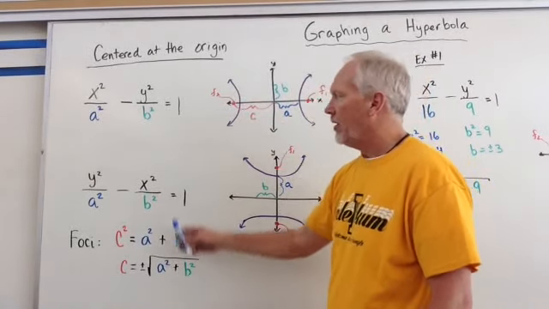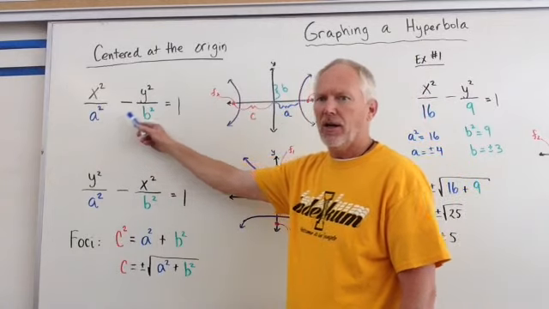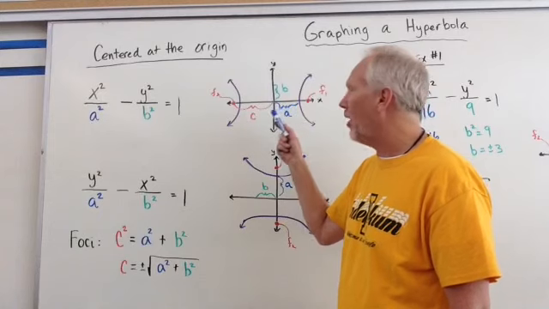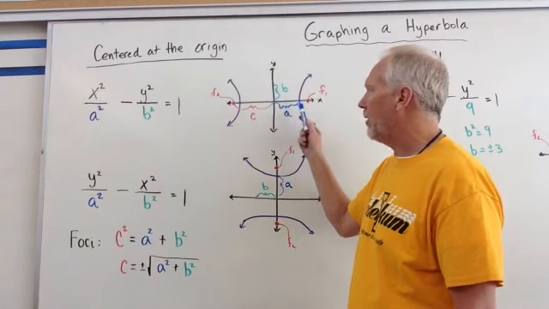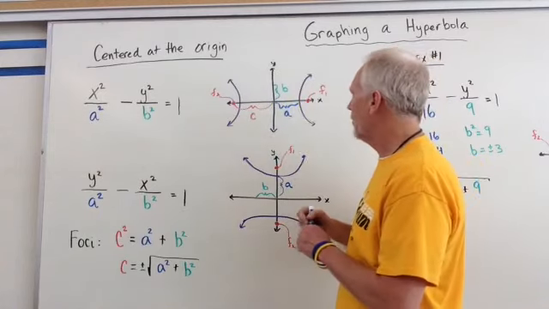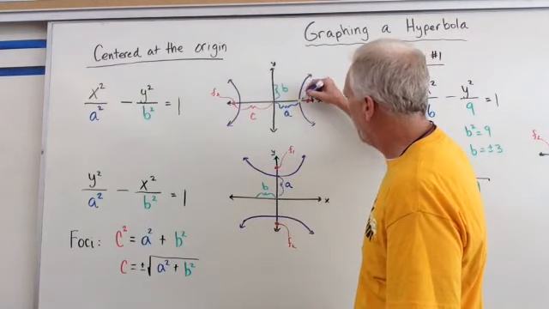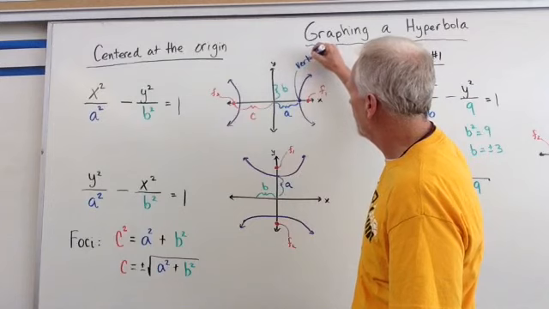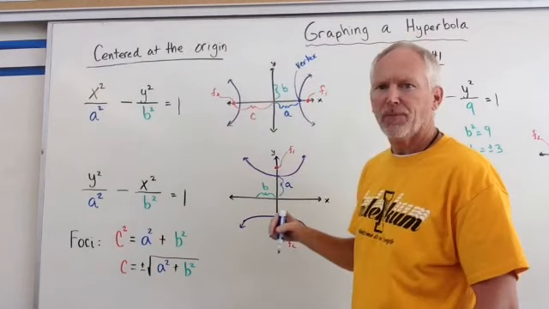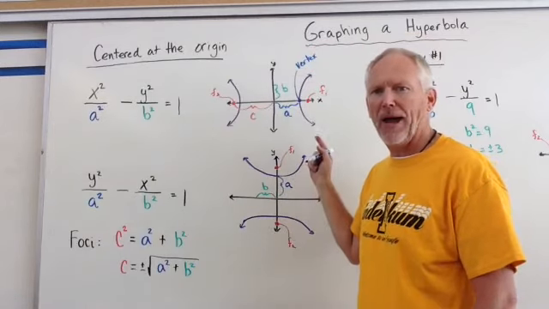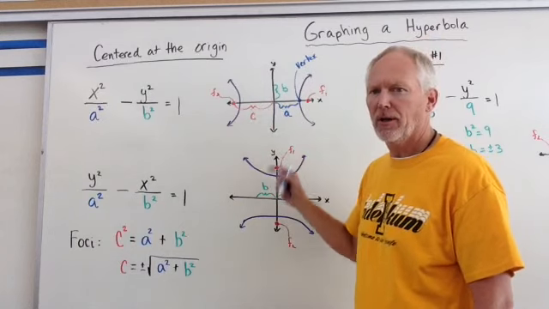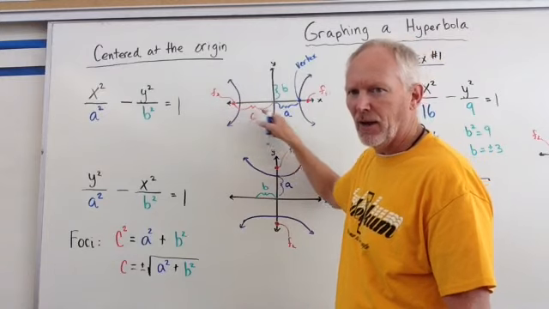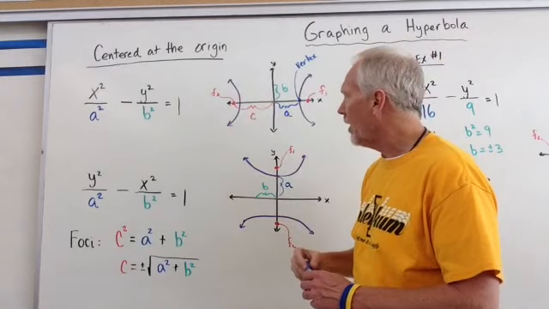So recall that if this is a squared, then we take the square root of that and you get the a value directly from the center to the outside, which is the vertex. So right here, we'll have a little point which is the vertex of our branch. It's like a parabola, but it's part of a hyperbola. And we'll also have another vertex on this side.